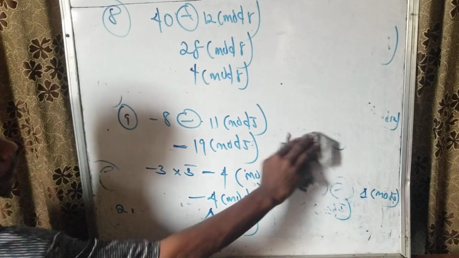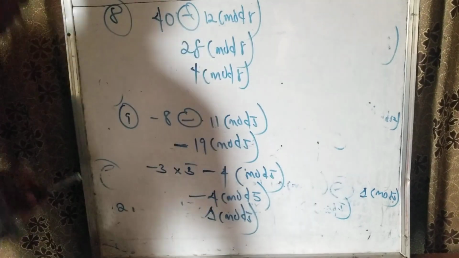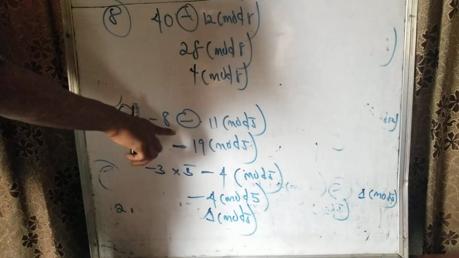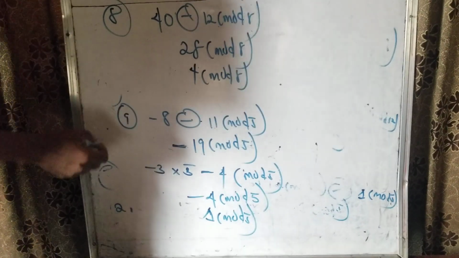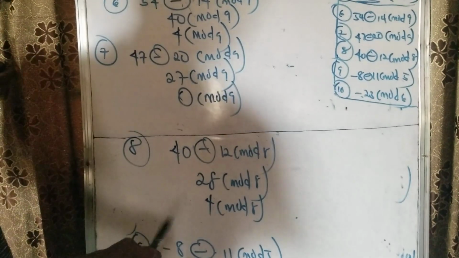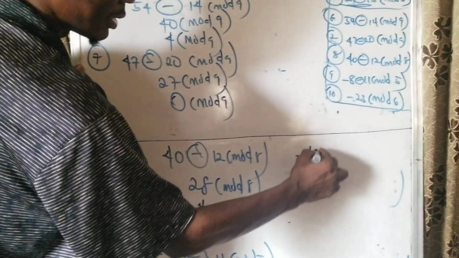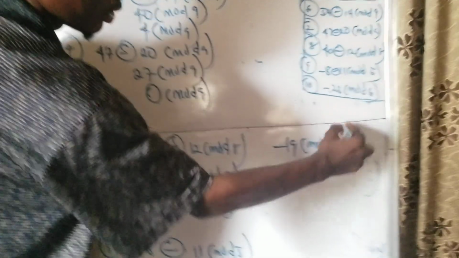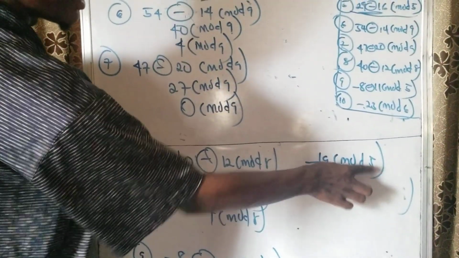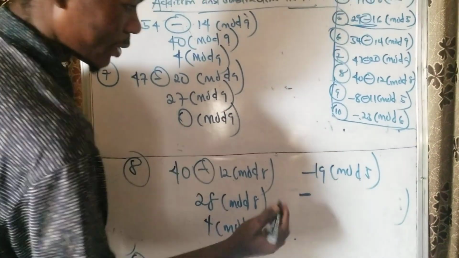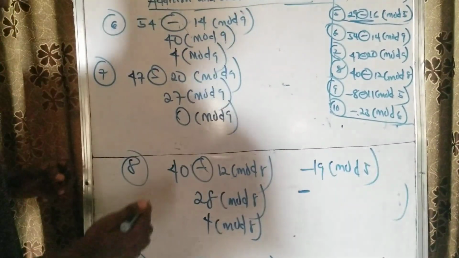Or, if you don't really want to do it like that, for the fact that we are dealing with minus 19 mod 5, the other thing you can also do is this. If 19 is divided by 5, how many times is it going to go?